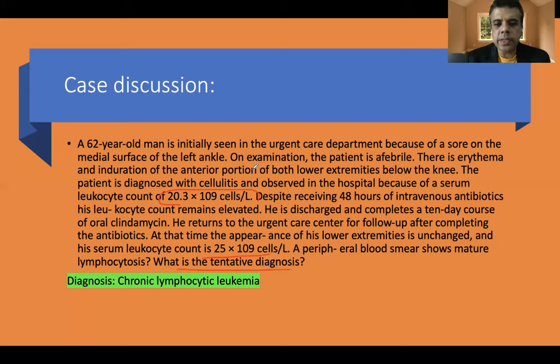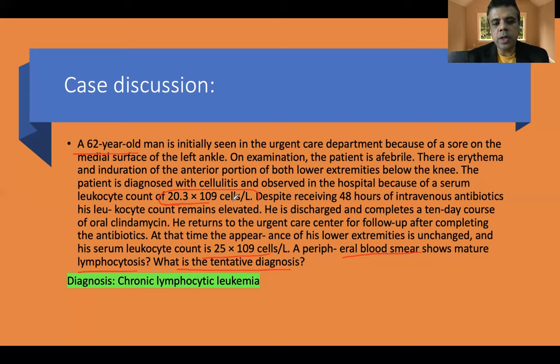So here, as you can see, the key features: there is an infection, cellulitis, and an elevated leukocyte count still persisting after antibiotic therapy, and the person is 62 years old. Another very important catch is that the peripheral blood smear shows mature lymphocytosis. All these features indicate chronic lymphocytic leukemia, which is a very common malignancy in this age group.